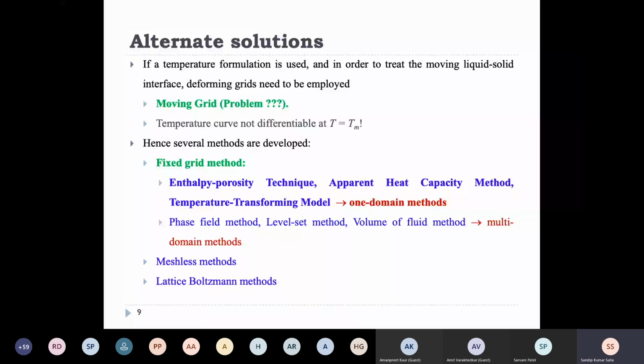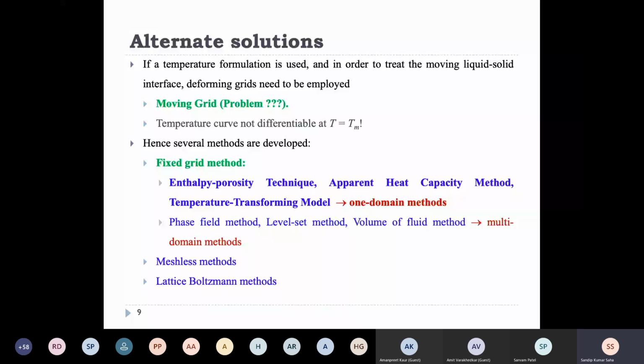In this talk, I will be considering the fixed grid method: the enthalpy porosity technique, apparent heat capacity method, and temperature transformation model for phase change problems. I will also consider the material as a pure material, which means melting will occur at a constant temperature.